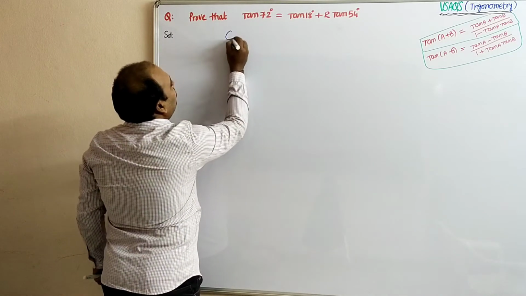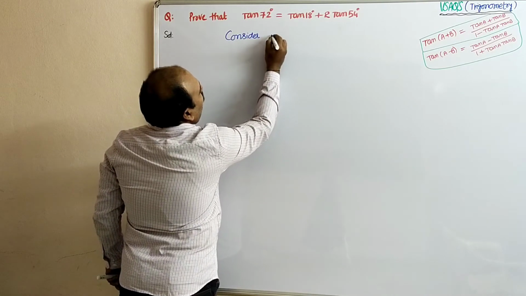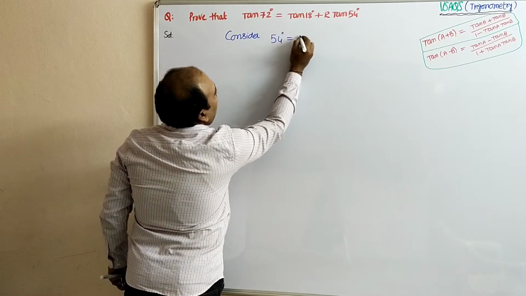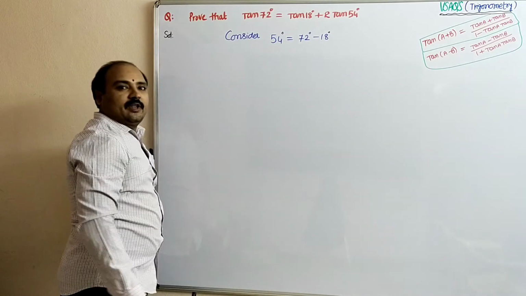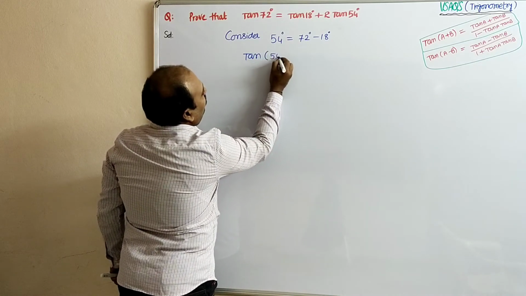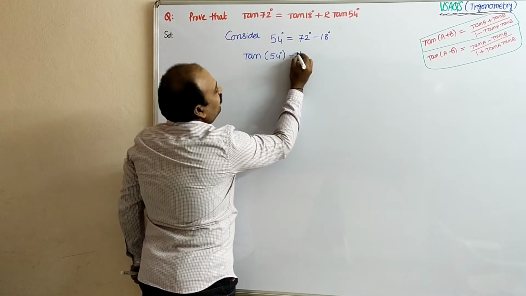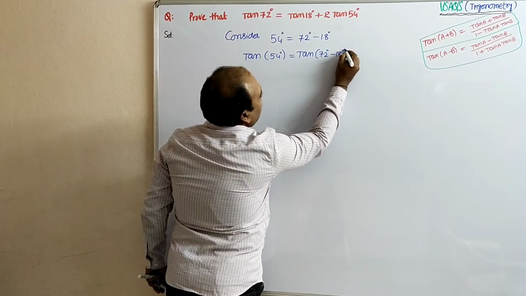Now consider 54 degrees is equal to 72 minus 18. Now applying tan on both sides, tan 54 degrees equal to tan of 72 degrees minus 18 degrees.